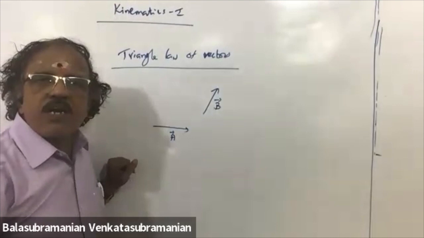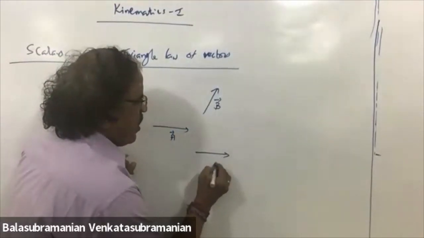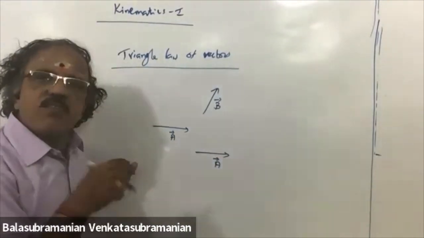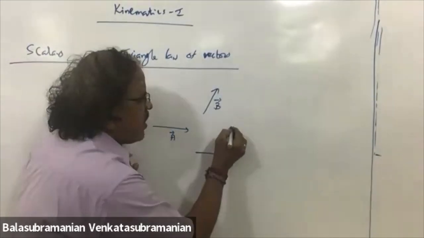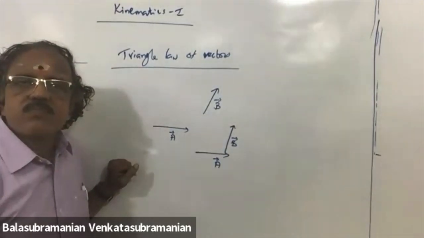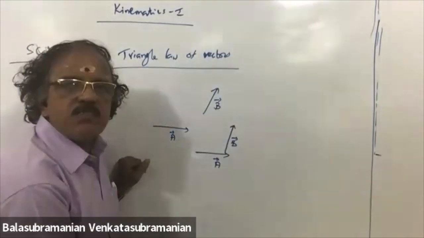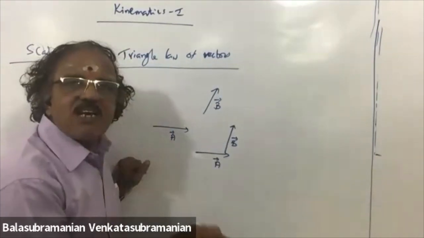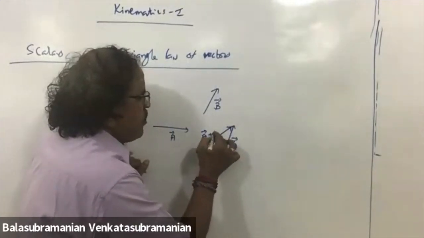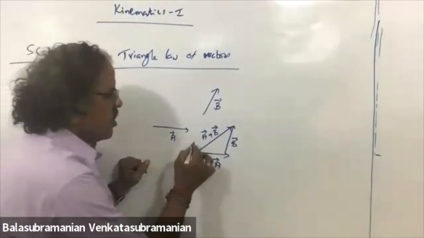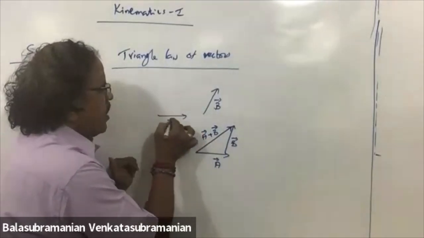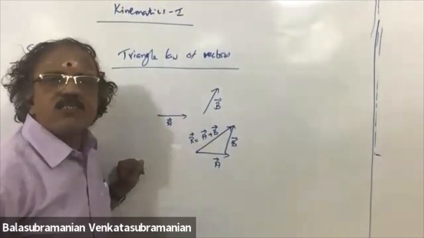Addition of vectors means you take vector A, the end of the first vector, that is the head of the first vector, and the tail of the second vector. These two should be joined. Then the resultant vector will be the vector sum A plus B. This is vector A, this is vector B, R is equal to A plus B.